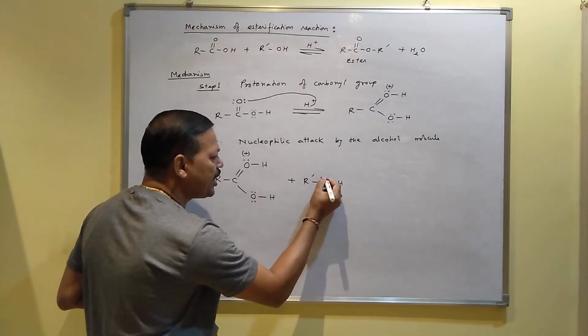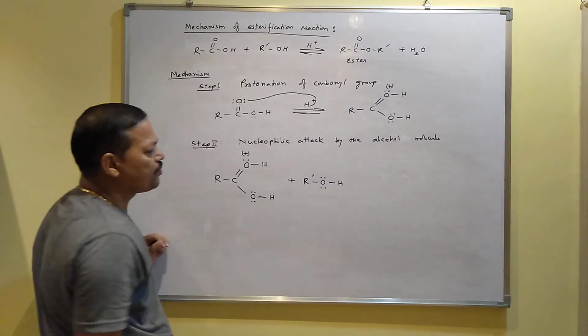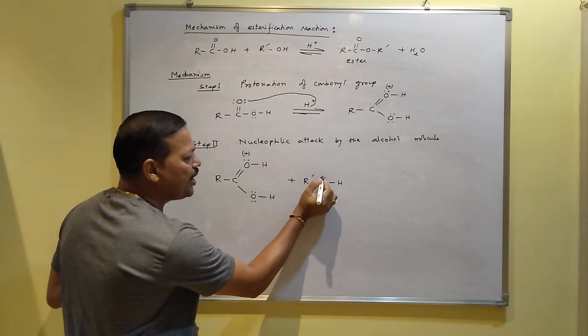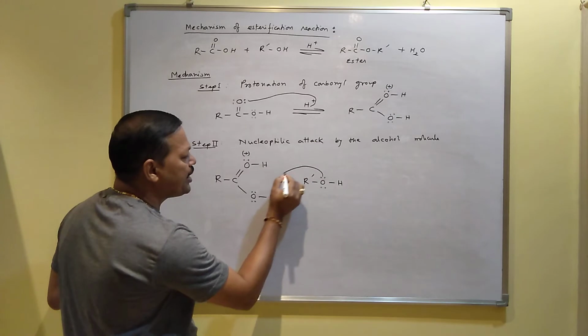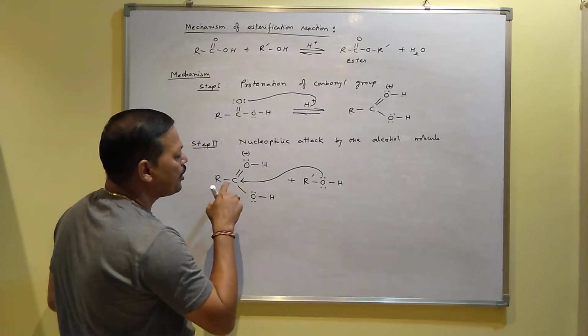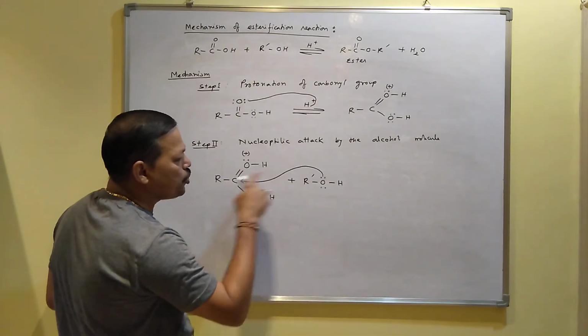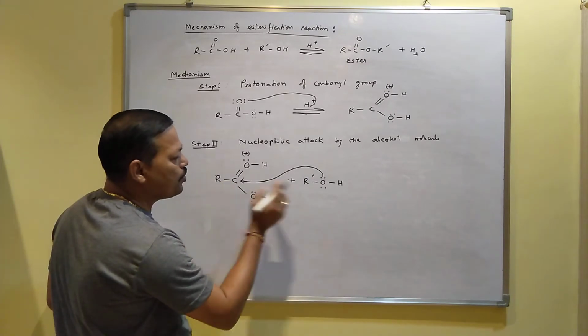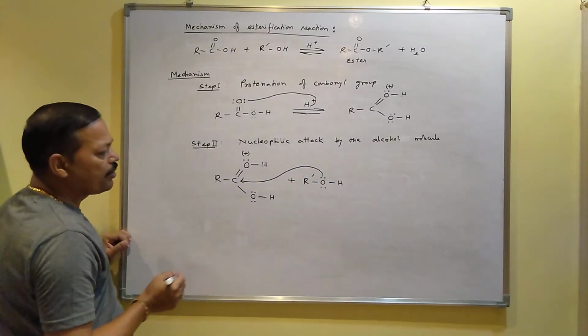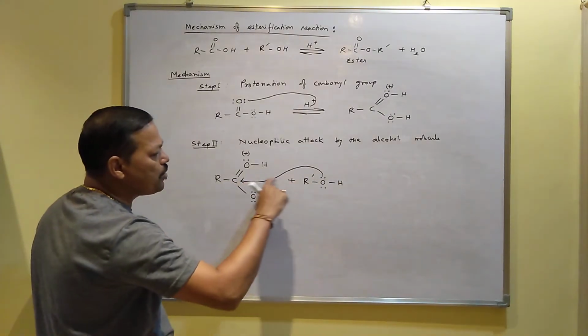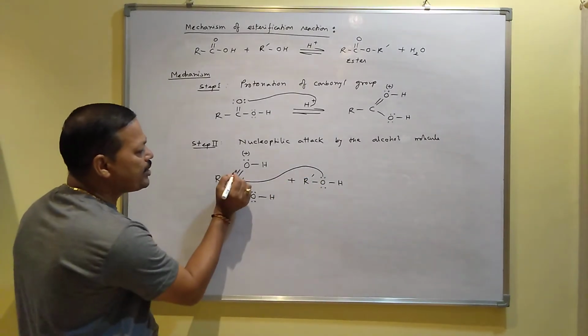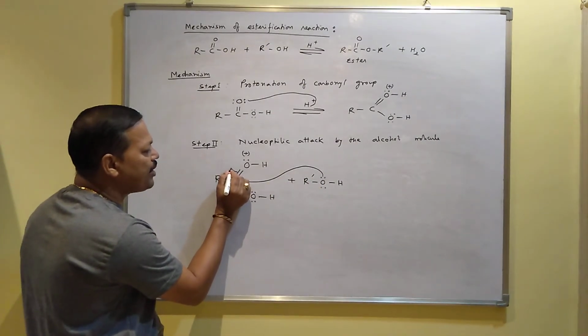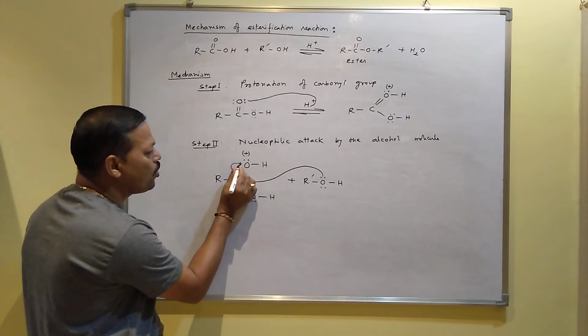Here also oxygen carries two lone pairs of electrons. This lone pair of electrons of oxygen will attack the carbon. I mean carbon will be joined with this oxygen. Carbon will take the alcohol molecule, and since carbon will produce one new bond with oxygen, this bond will break and the electron pair goes towards oxygen.